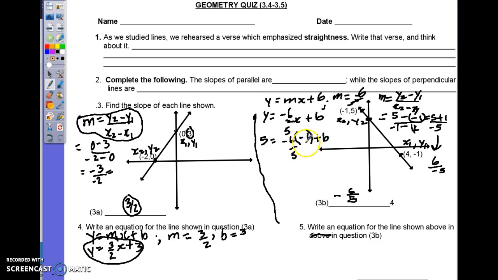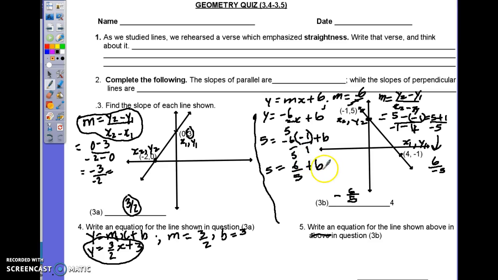Let's work this out now. Any number is the same as that number over 1. So we have 5 is equal to negative times negative would give me which sign? Positive. I'm glad that's what you said. 6. 5 times 1 is 5. Okay, and now plus b.